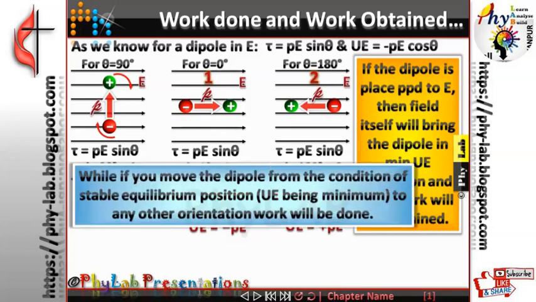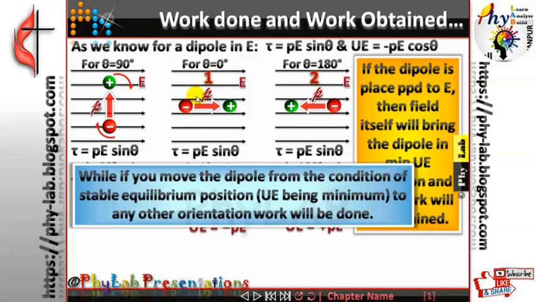Now, if you move the dipole from the condition of stable equilibrium, that is the position in which the potential energy was minimum, to any other orientation, you need to do the work. Now work will be done by the external force, the external agent or external torque.